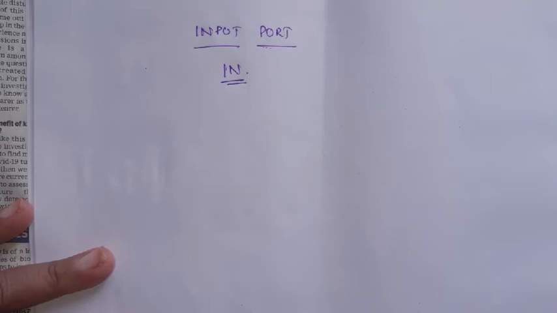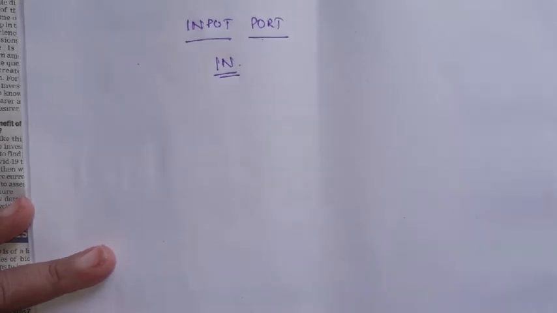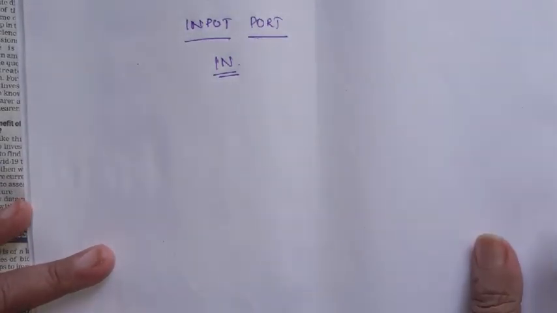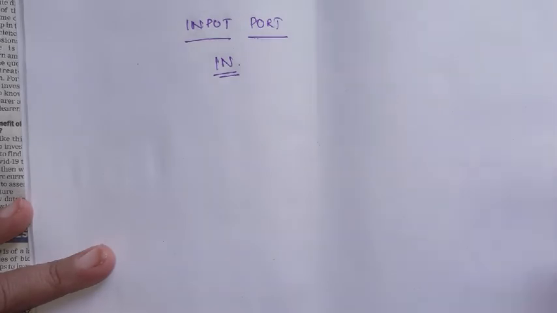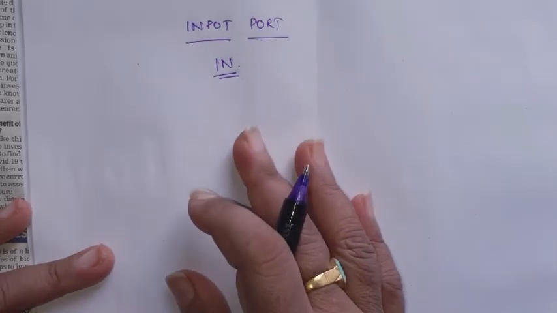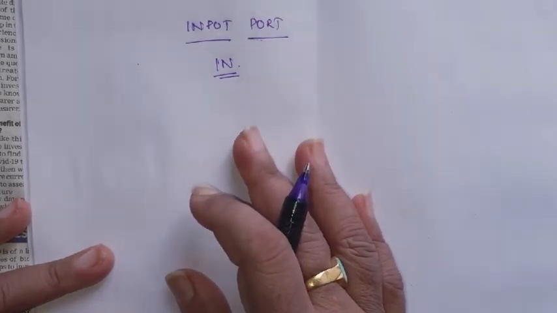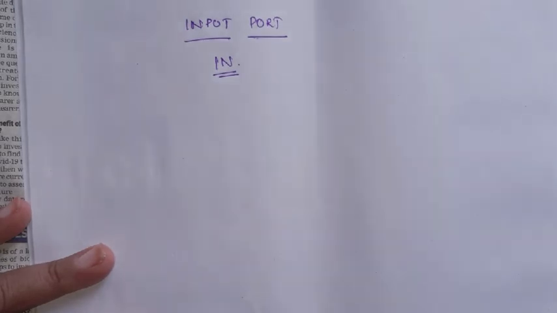So again here the input port address can be 8-bit or 16-bit, and the data can be 8-bit or 16-bit. So to read the data from the input port, IN instruction is used and data is received into the processor in AL or AX register.